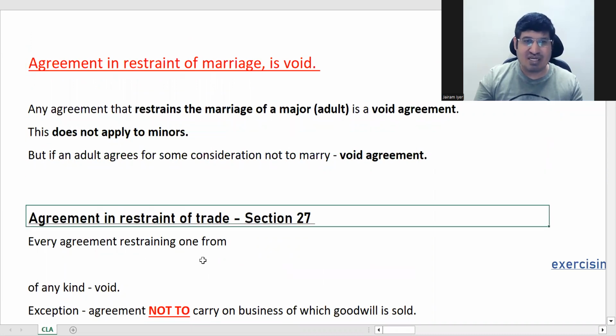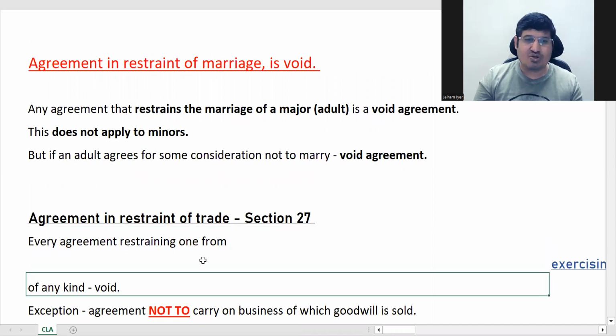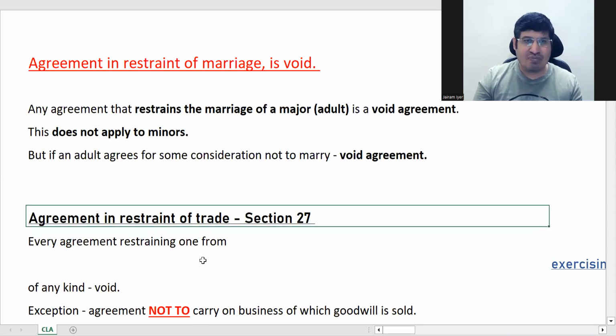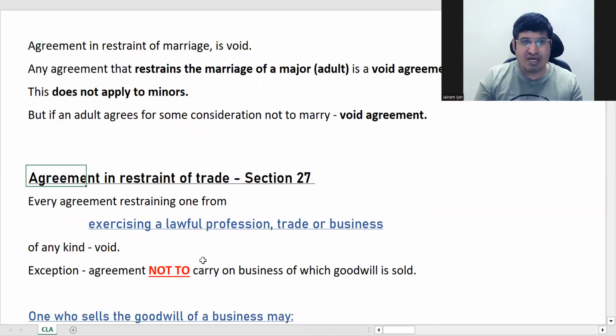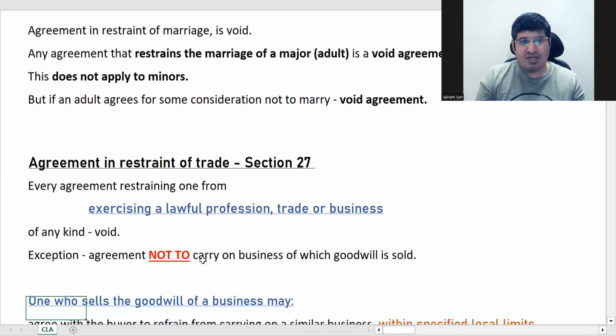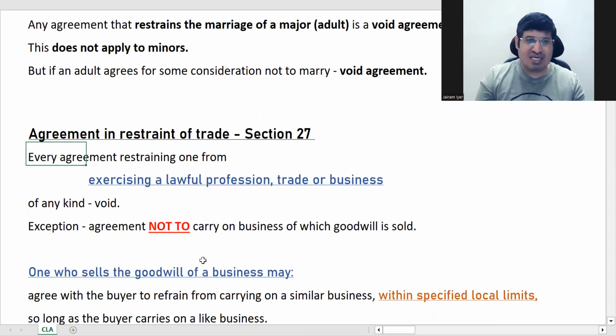Next is agreement in restraint of trade. Like marriage, you cannot stop anyone from any lawful work. Any agreement restraining a person from exercising a lawful profession, trade, or business is void.